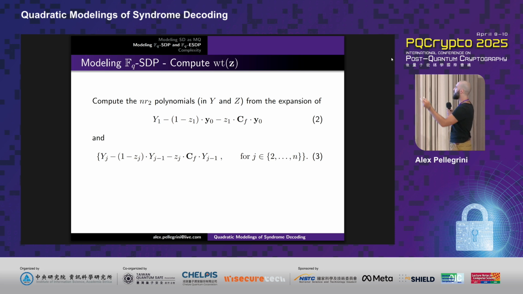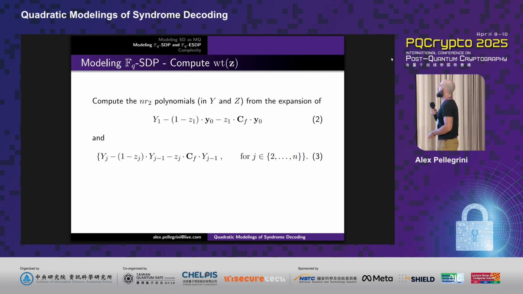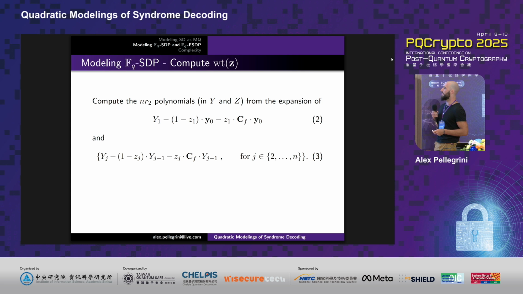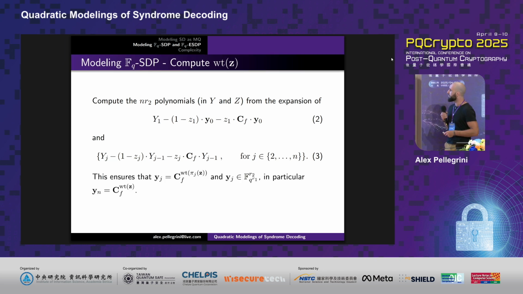The second set of equations is basically a generalization for j starting from 2 until 2n. So we are going to clock whenever Zj is 1, and we're going to stay at the same state otherwise.